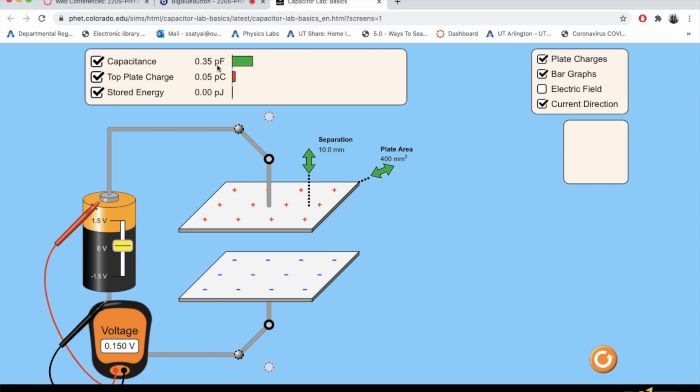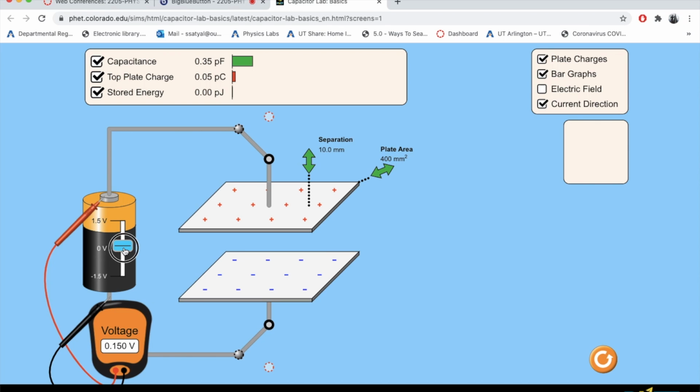Pico is 10 to the power minus 15. Okay, and coulomb, 0.05 times 10 to the power minus 15 coulomb, and that's picojoules. So it's almost zero. So realistically the energy stored is zero when the voltage is 0.15.